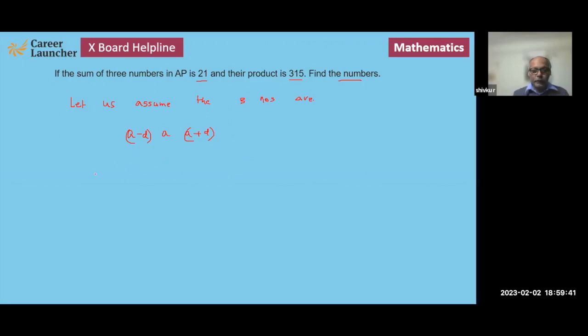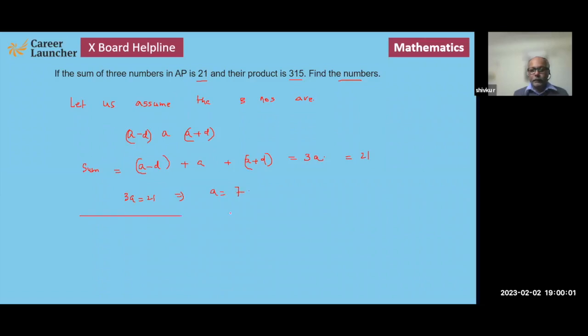So we know that sum of these 3 numbers is equal to A minus D plus A plus A plus D. तो इसका answer हो गया 3A. So we know that 3A का value जो है 21. So if 3A is equal to 21, इसका मतलब A का value जो है 7.